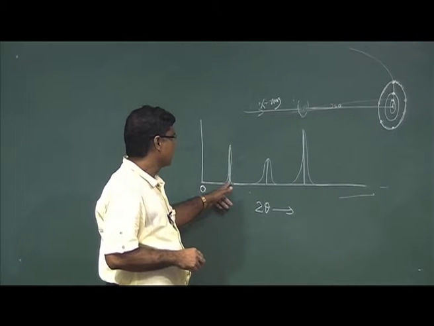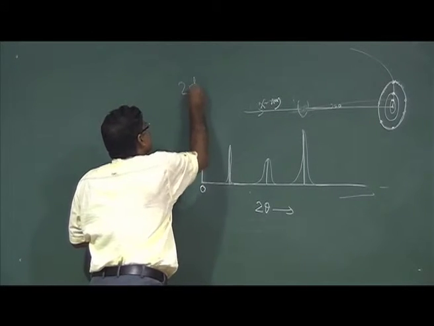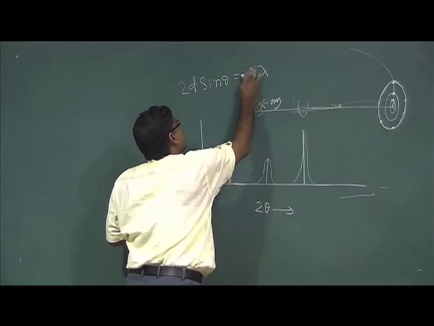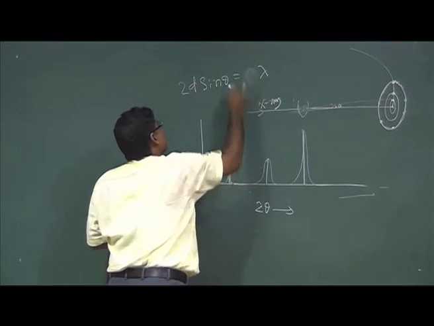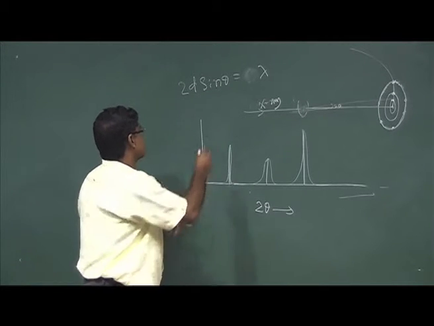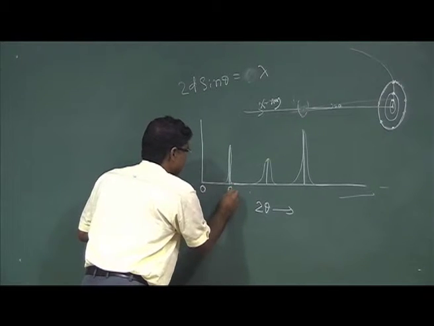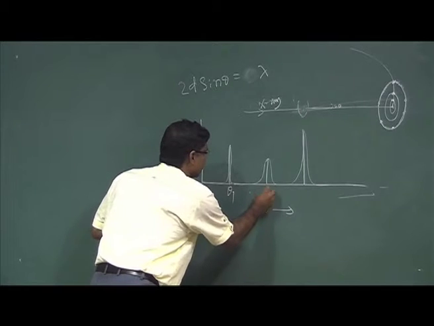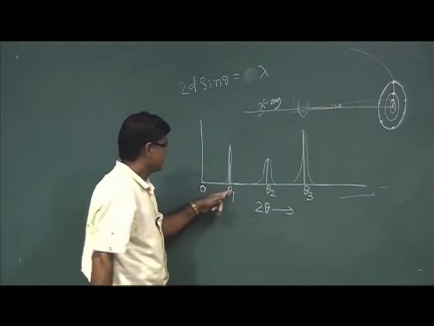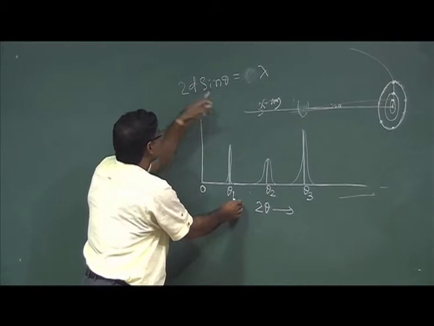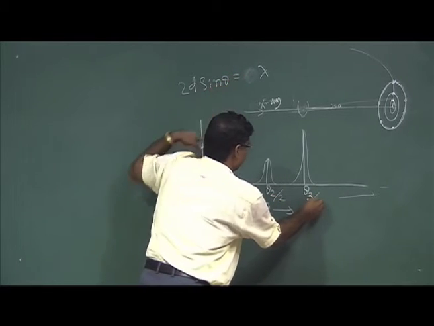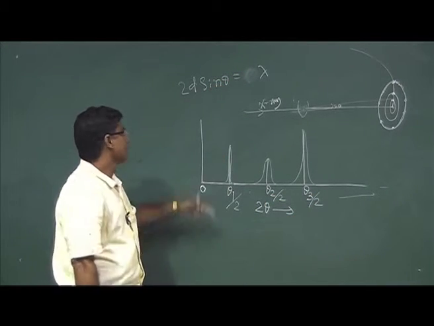And from there, 2d sin theta equals n lambda. Take n as first order, then one can find out theta 1, theta 2, theta 3. The measured angle is 2 theta, so theta will be half of it.